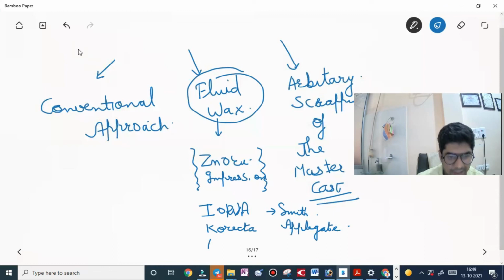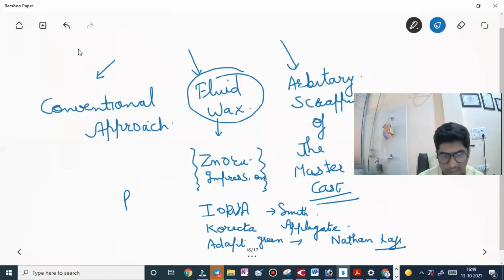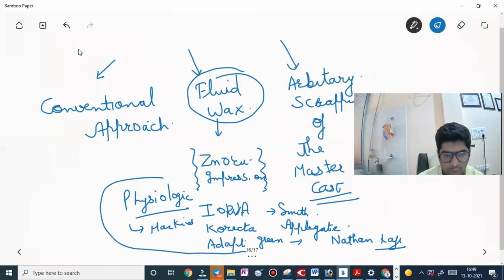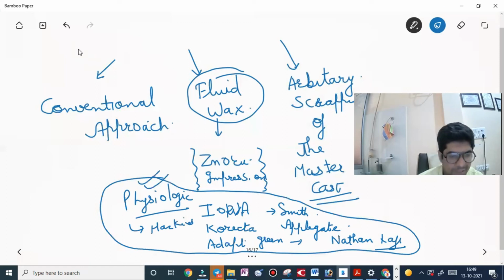Adapted green wax, by Nathan. And physiological paste, by Hawkins. So these are the fluid waxes that we use. Remember it for your MCQ-based questions.